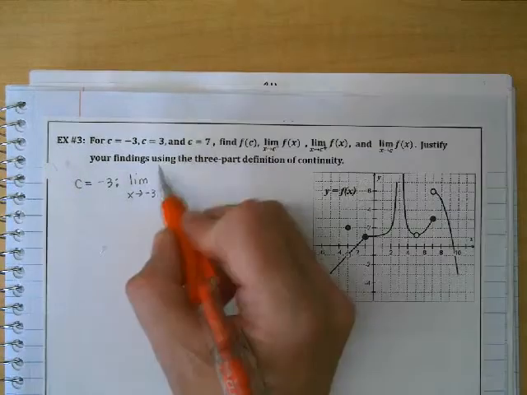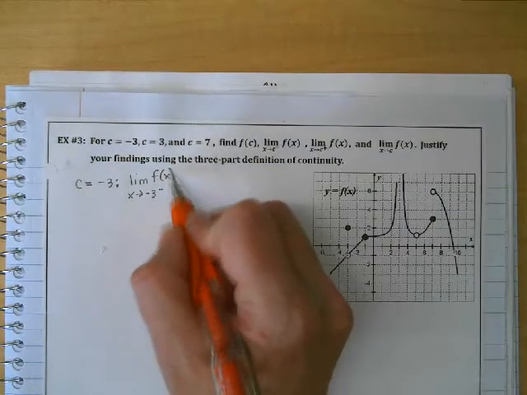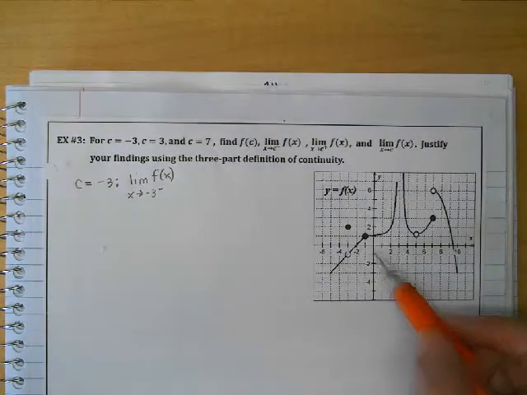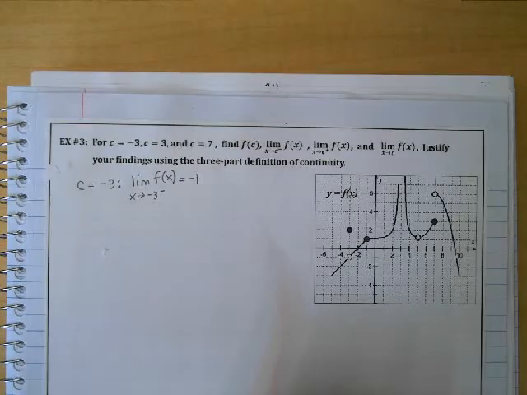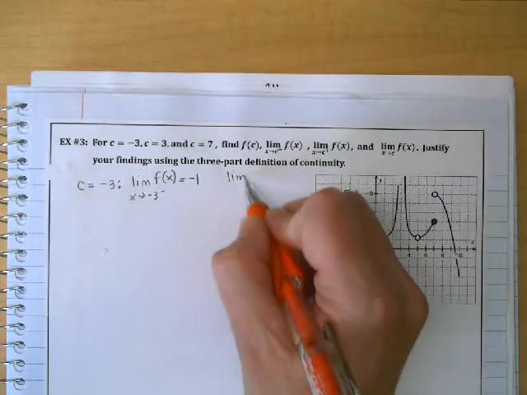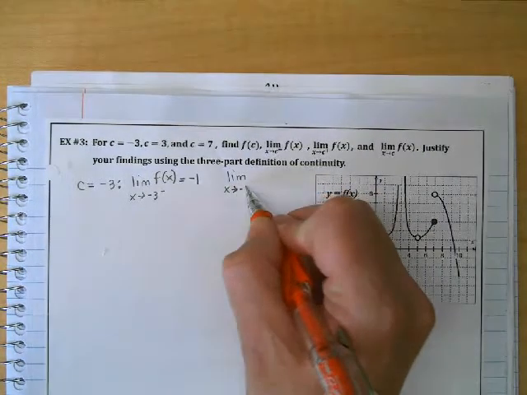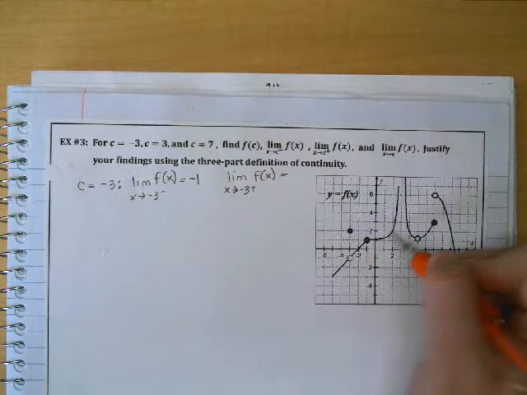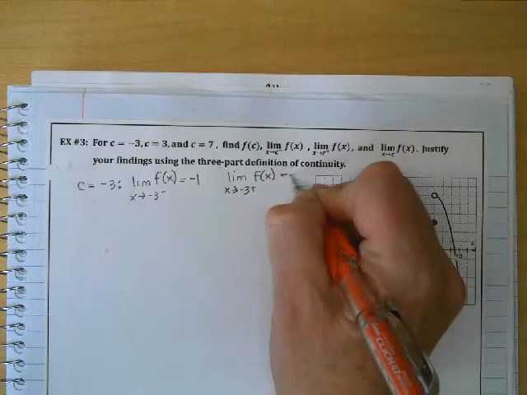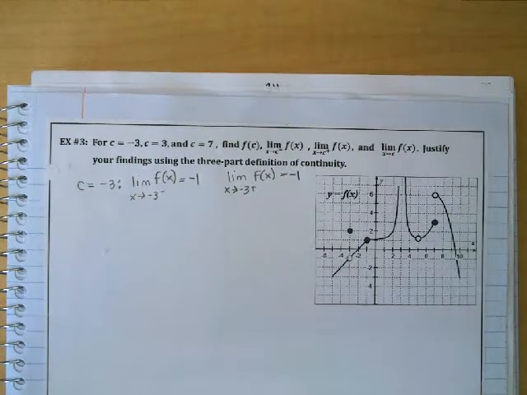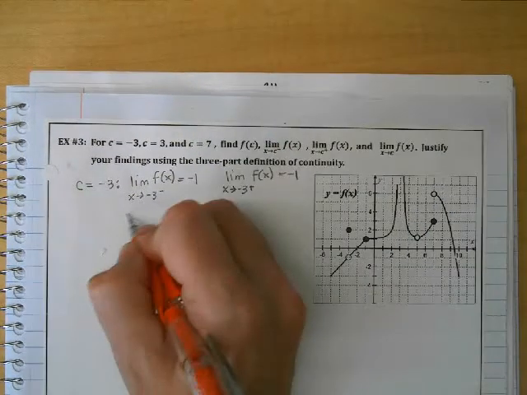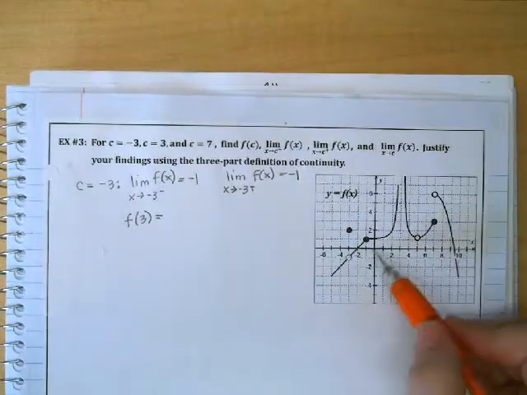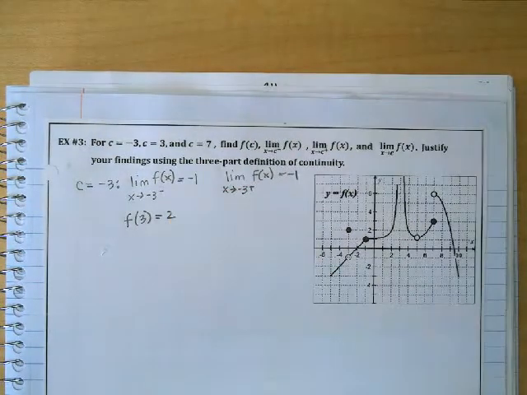Okay, so I'm going to say from the left. And I'm just going to call it f of x. So as I'm coming from the left, the function is approaching -1. As I'm coming from the right, the function is approaching -1. So the limit exists, right? Now, let's see, f of -3, that is equal to 2.